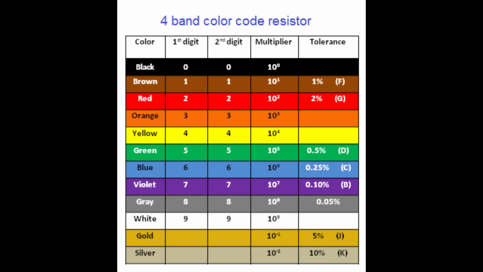For example, in a 4-band resistor, the first 2 bands indicate the 2 most significant digits of the resistor's value. The 3rd band is a weight value, which multiplies the 2 significant digits by the power of 10. The tolerance explains how much more or less the actual resistance of the resistor can be compared to the nominal value.